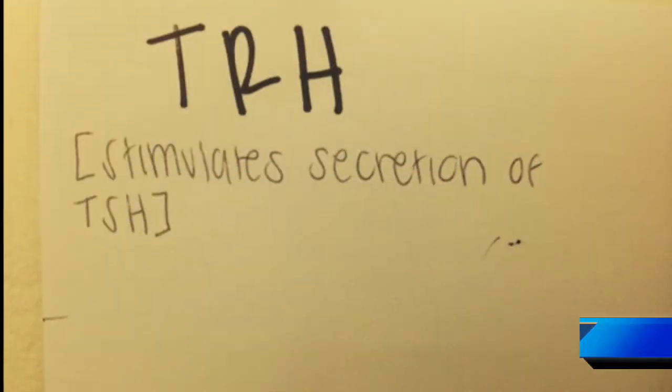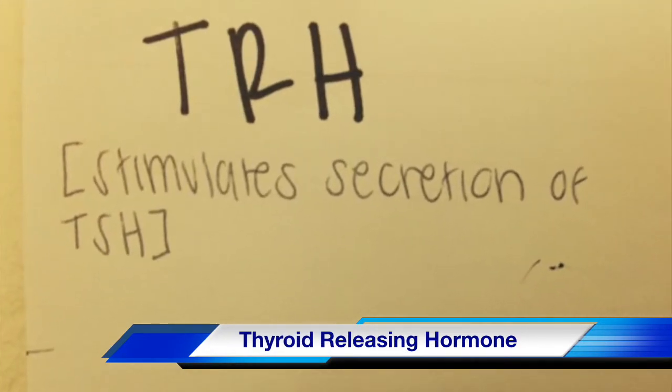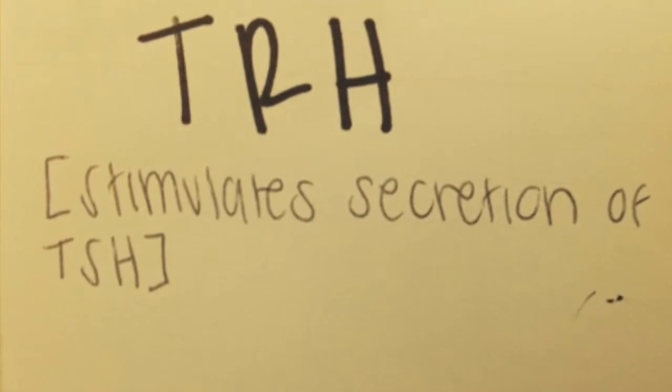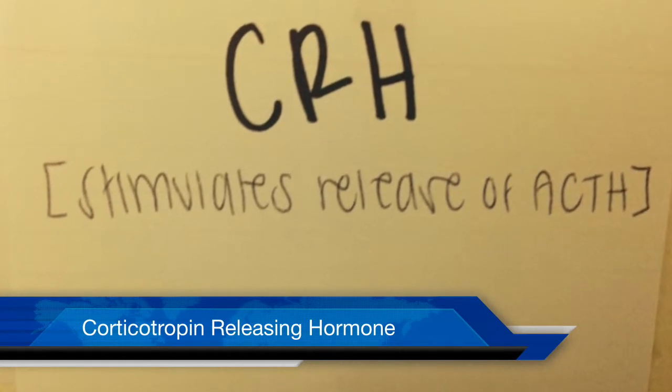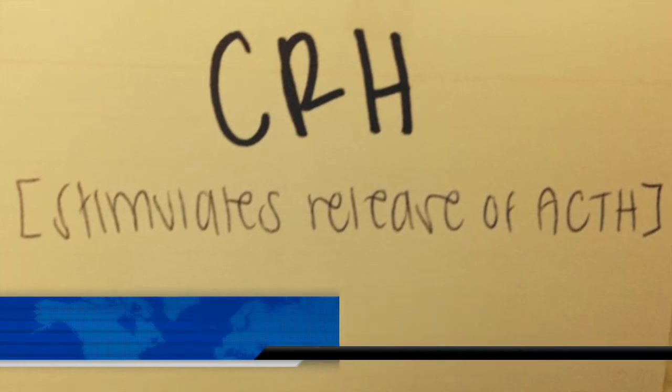First, we'll start by going over three of the hormones that the hypothalamus secretes. First, we start with thyroid-releasing hormone, which stimulates the secretion of thyroid-stimulating hormone by the anterior pituitary. Next, we have corticotropin-releasing hormone, which stimulates the release of ACTH by the anterior pituitary.